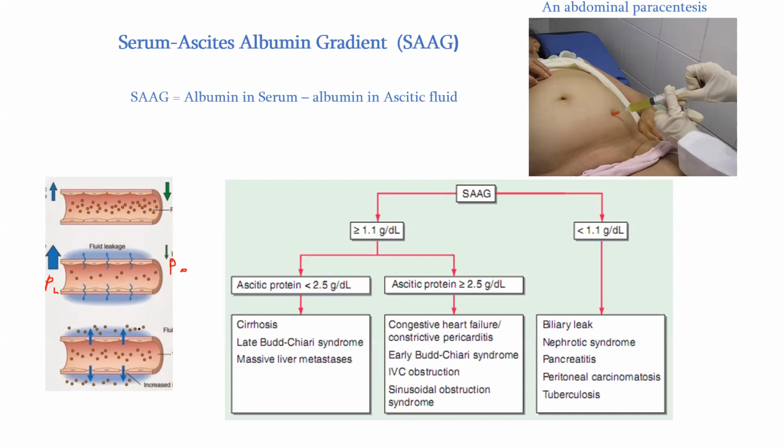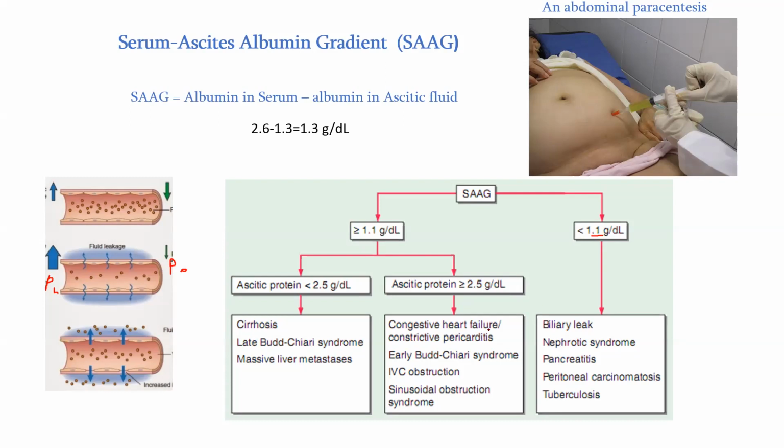But if we have a low serum ascitic albumin gradient, we must think about increased permeability. If the gradient is less than 1.1, it may be biliary ascites or acute pancreatitis, tuberculosis, or spreading of cancer in the peritoneum, which leads to increased vascular permeability and protein leakage.